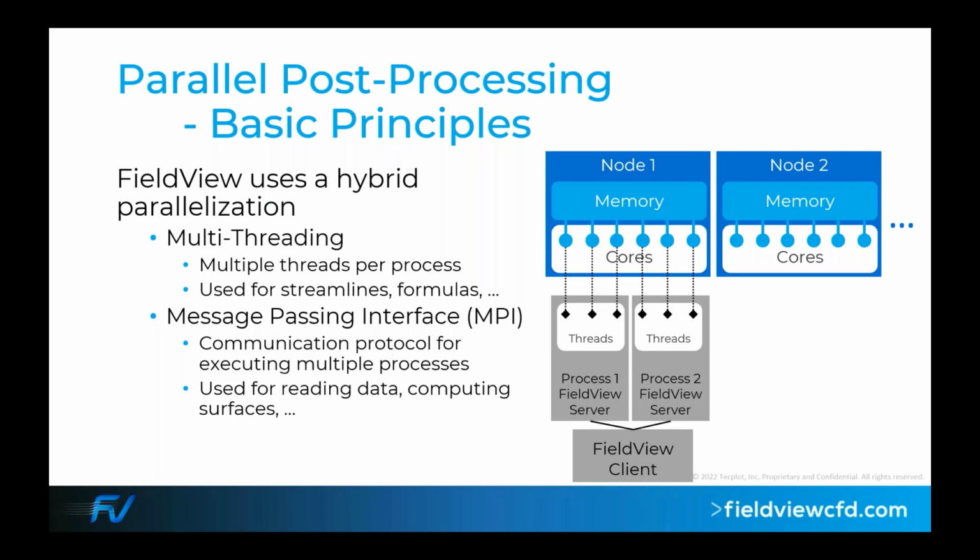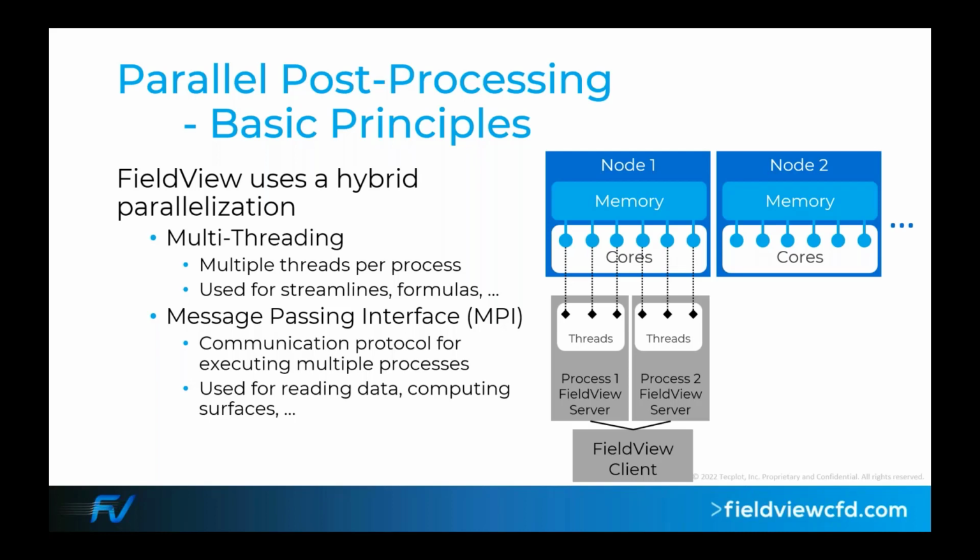And that's helping for reading your data, preparing it for your scene, computing surfaces. All of that is parallelized with MPI in FieldView. And on top of that, as you can see, each one of these processes is still using multiple threads when it does formulas, when it does streamlines. So again, we have this hybrid parallelization.